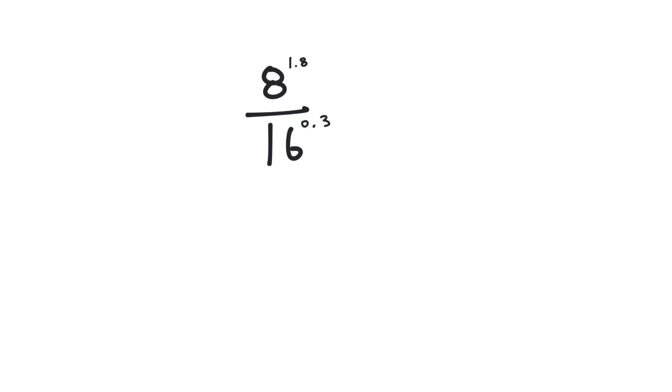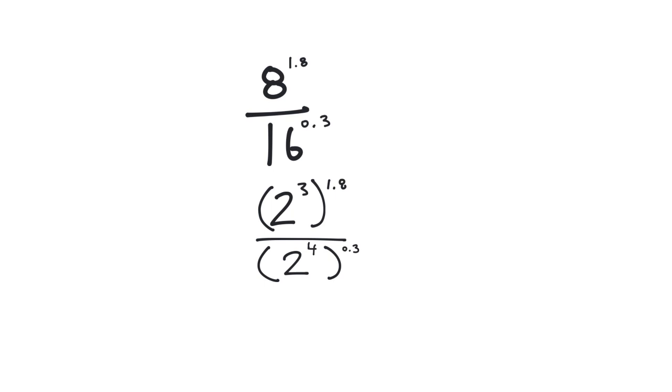So that's what I'm going to do. 8 can be rewritten as 2 to the power of 3, of course, all still to the power of 1.8. And 16 can be rewritten as 2 to the power of 4. And remember, it's all to the power of 0.3 still.